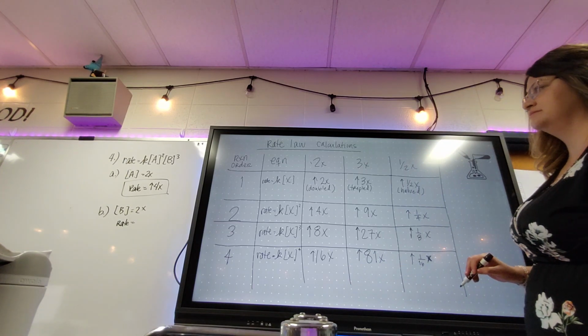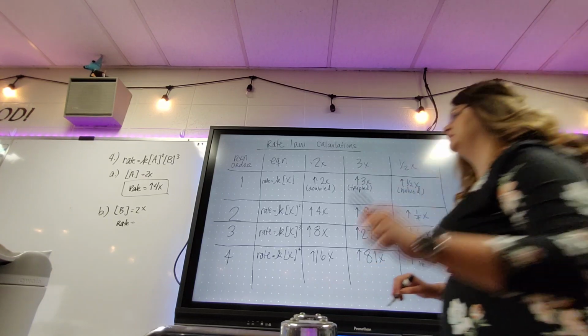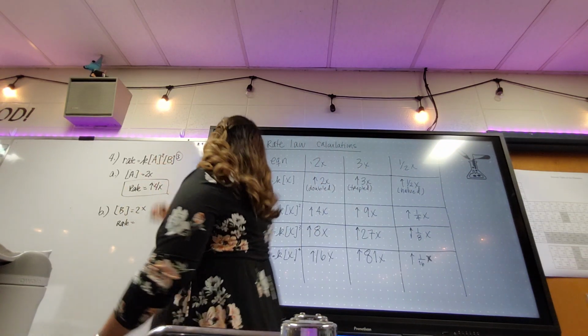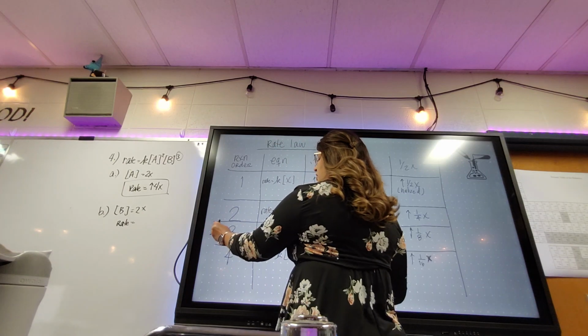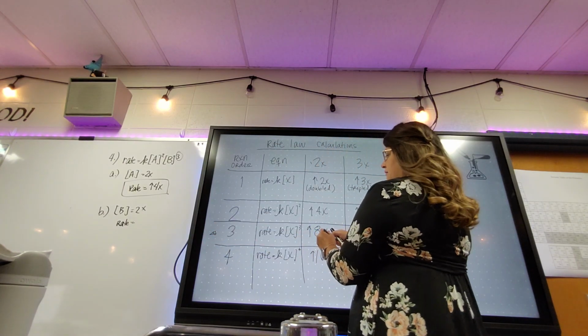You're supposed to do 4x? Nope. 8x. It is 8x, right? Because here you're in third order, so that means you should look on this row of your chart. We're doubling it, 8x.